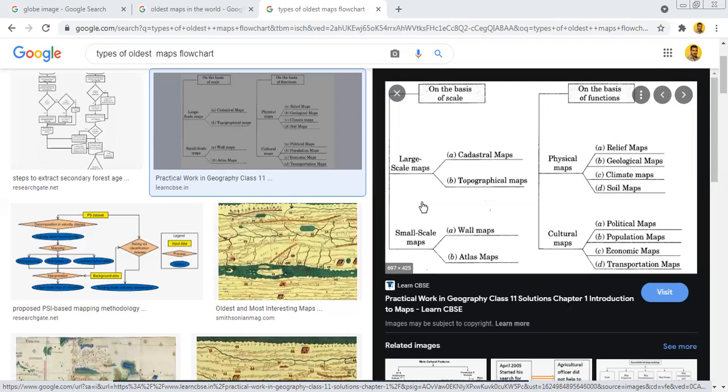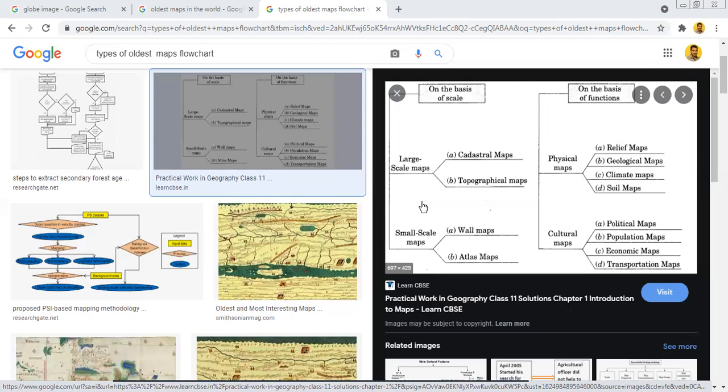At that time, as you know, there was no paper, no technology, even no pen. That's why they used the material that was available at the time. After the Sumerians first started preparing maps, later the Babylonians also started preparing world maps, some years later.